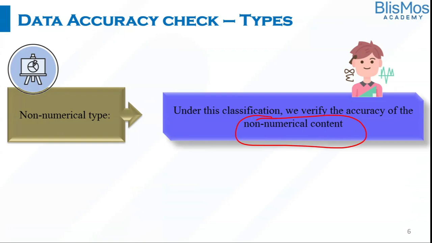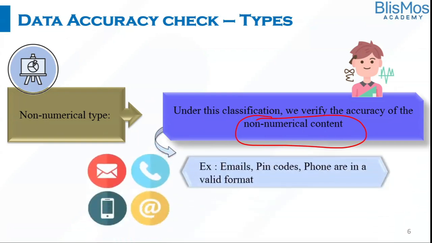It can be a name, it can be other aspects. So examples like emails, PIN codes, phone numbers are validated as part of the non-numerical values. Don't confuse the phone number being a numerical value. Phone number is a numerical value, but you will not add the phone numbers together, right? That is the reason it is classified as a non-numerical type.